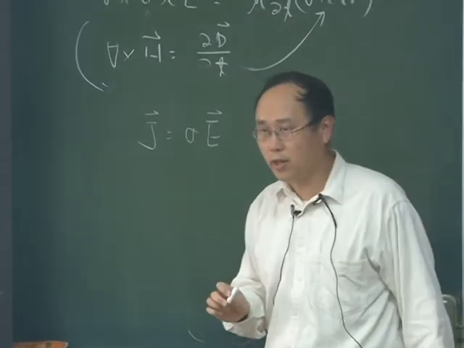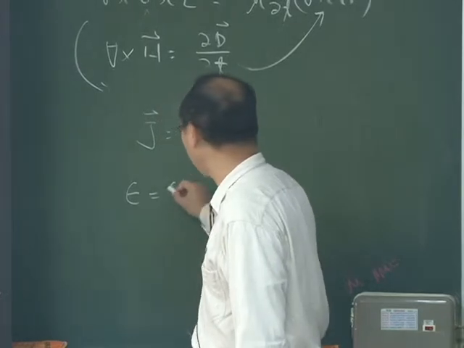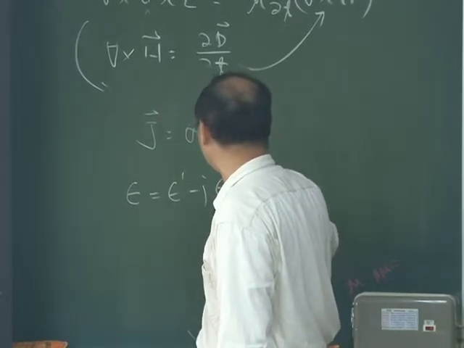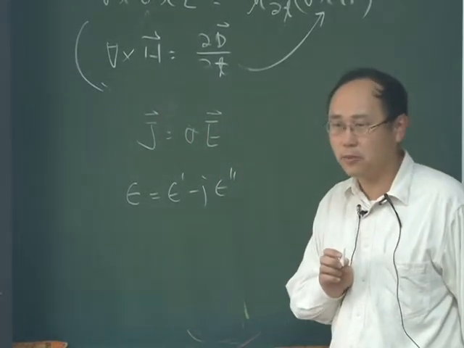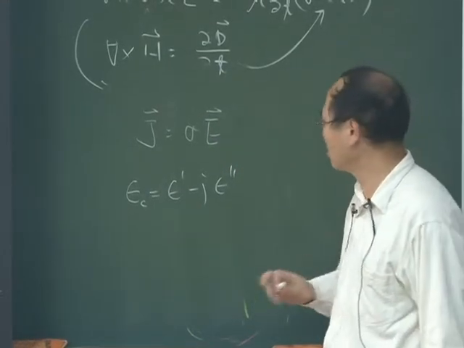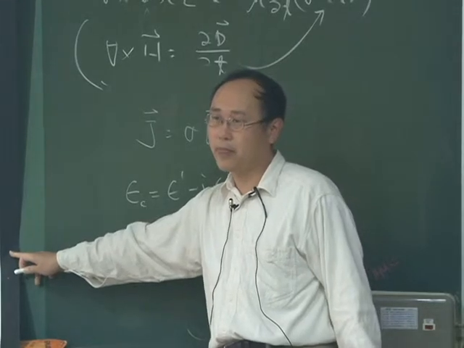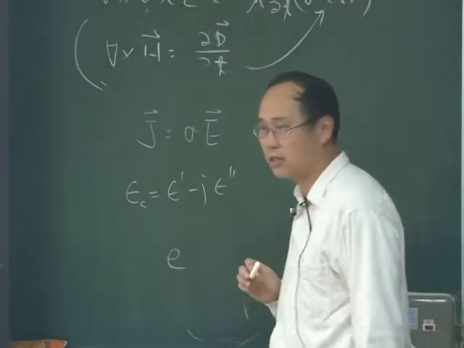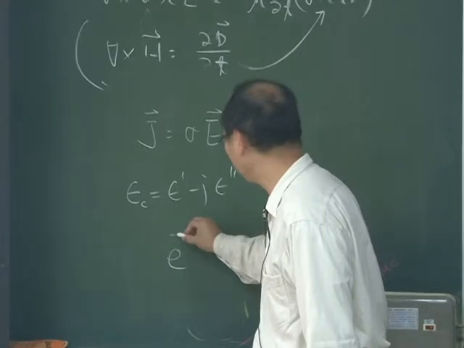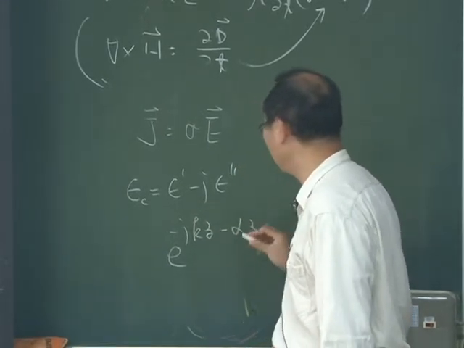Well, in chapter 1, we talk about epsilon equal to epsilon prime minus j epsilon double prime. If this is a complex number, 在第一章的时候我们说 if epsilon is a complex number, then you're going to have a solution that is exponential minus j kz minus alpha z.